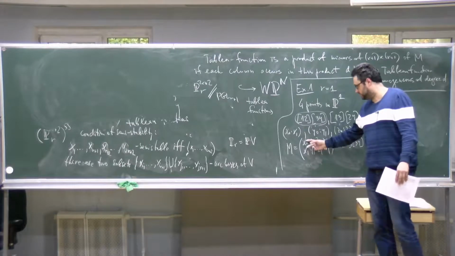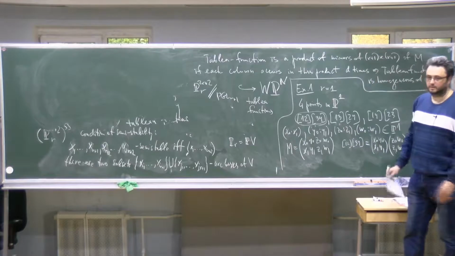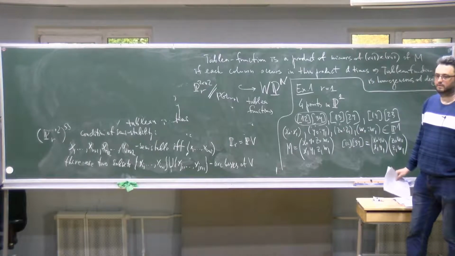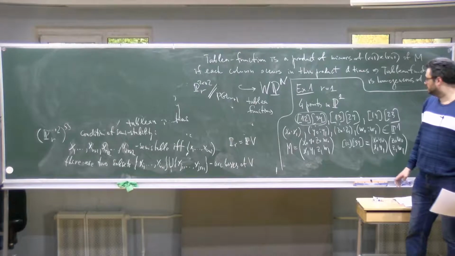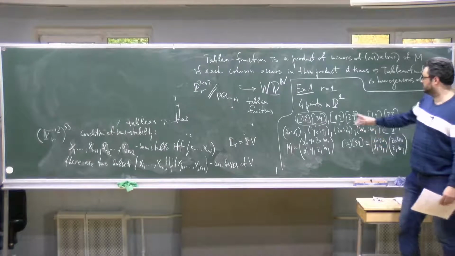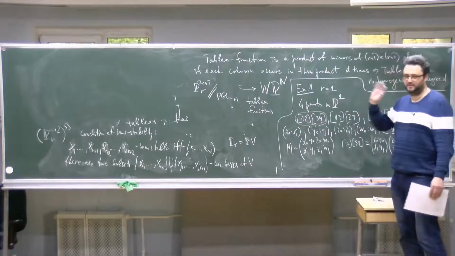X0, x1 are homogeneous coordinates. Sure, and that's why you map not into C^m, but into projective space, right? Yeah. What does W mean?